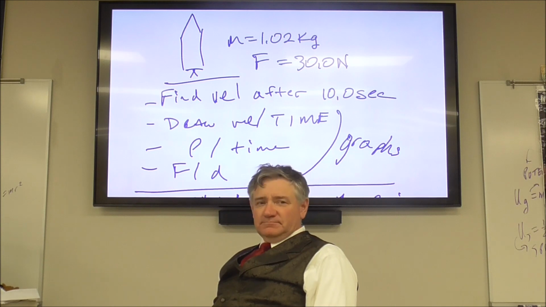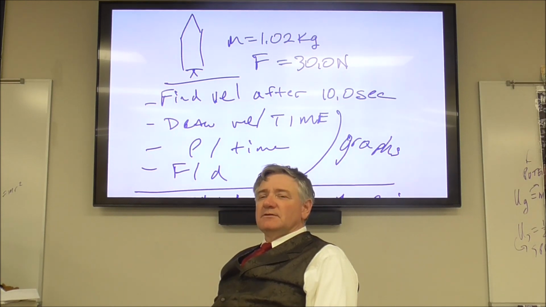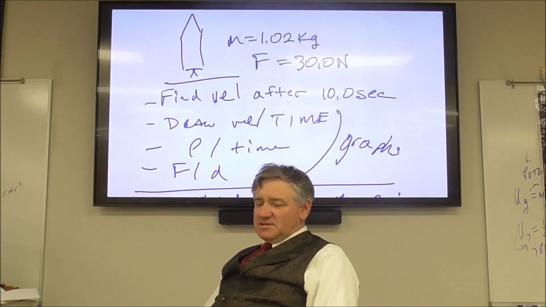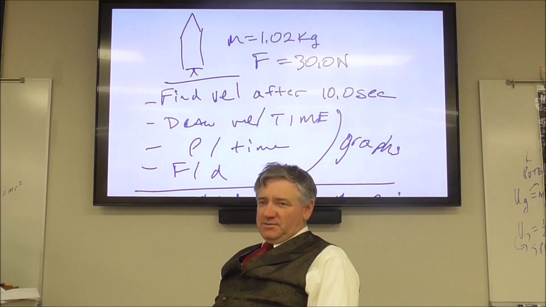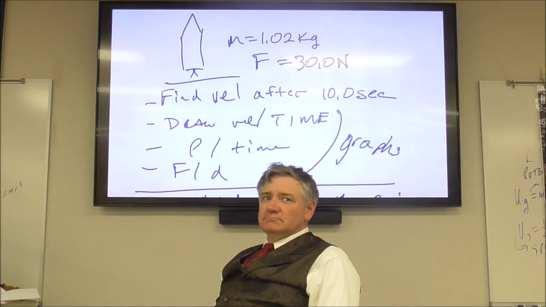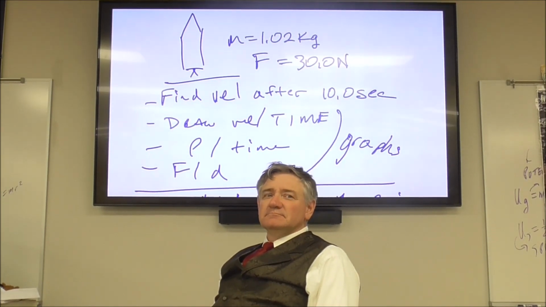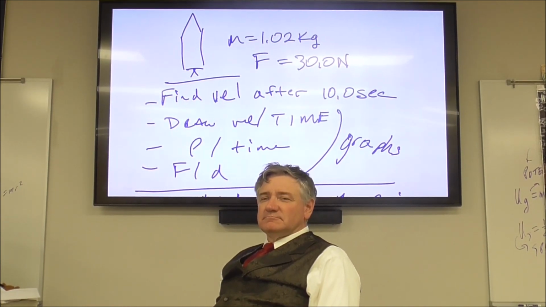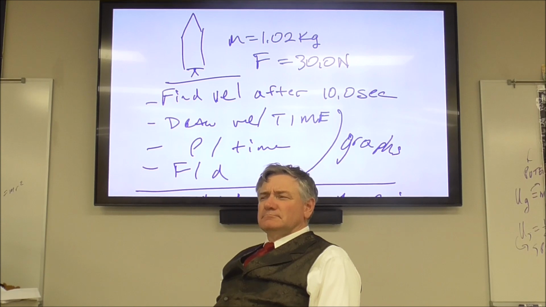So what are you going to do? Acceleration of the rocket, F equals ma. Just take 30 newtons and divide it by 1.02. No, because that's not the net force.